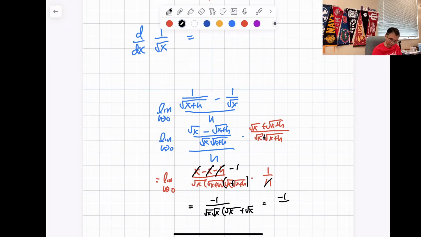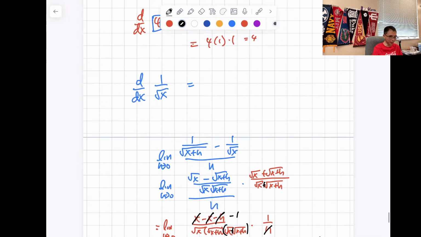So it'd be -1 over x times 2 root x. -1 over 2x root x, right? Look at how much work this is. This is tomorrow's quiz.